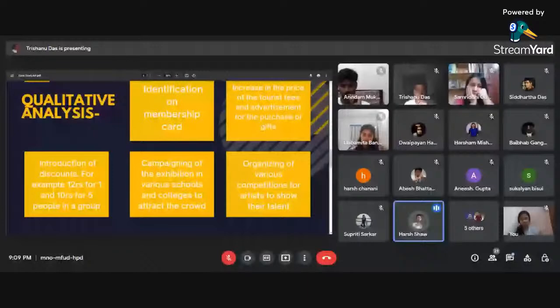Campaign for the museum in various schools and colleges to attract the crowd. We will be campaigning for art enthusiasts in schools and colleges to get the visitor base larger and larger.